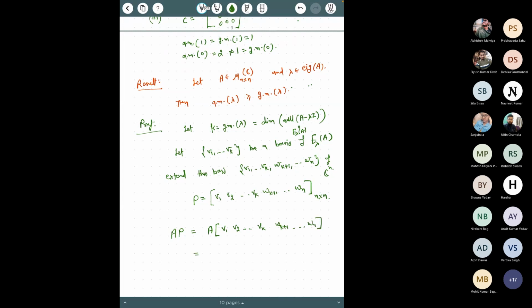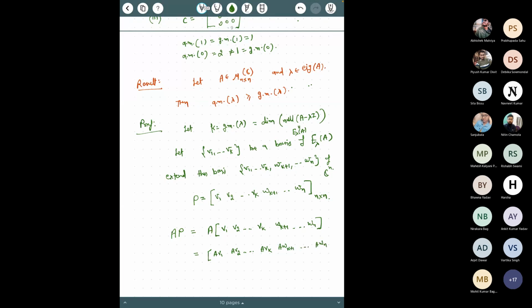When you multiply this, you can check that the first column of this product is AV1, the second would be AV2, and so on up to AVk. The next column would be AWk plus 1, and so on up to AWn. So the first column is the product of A and V1, the second is A and V2, and so on.